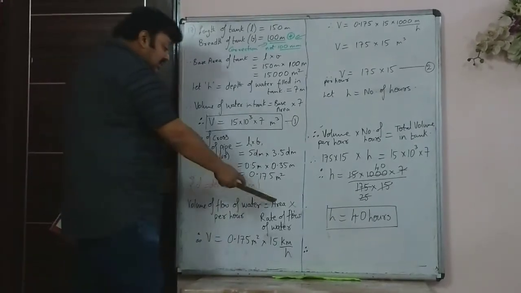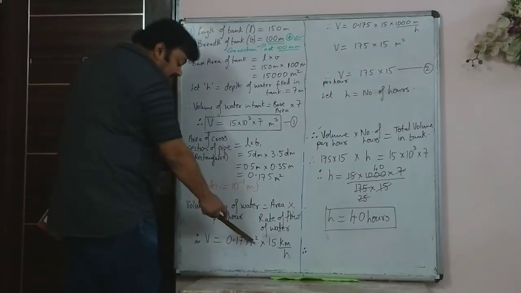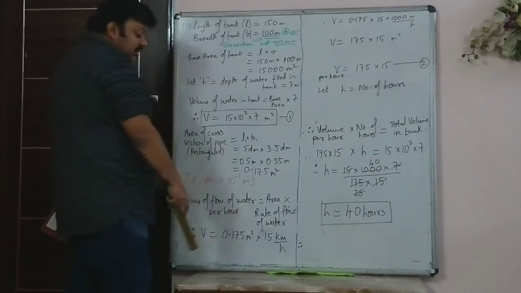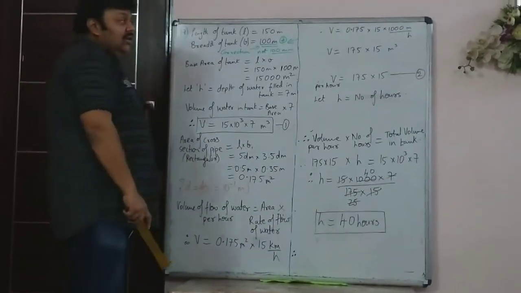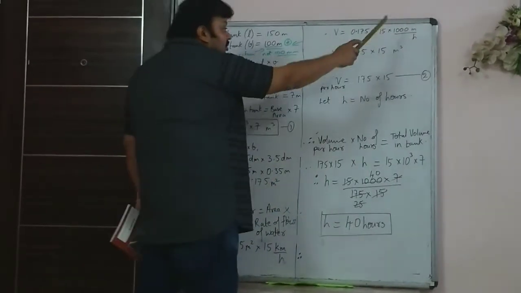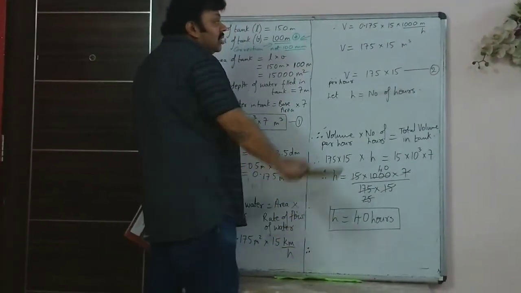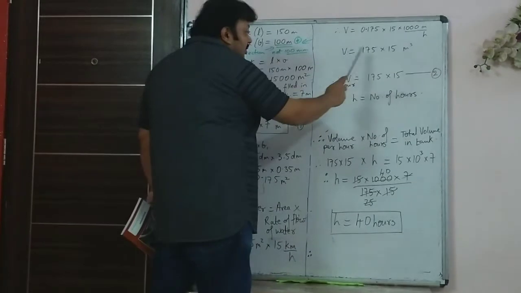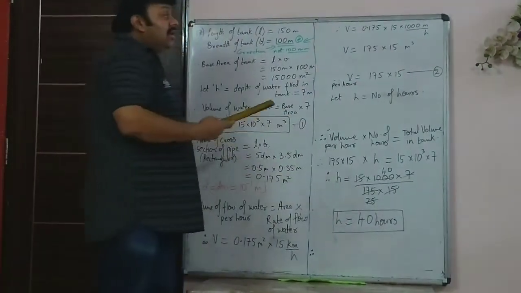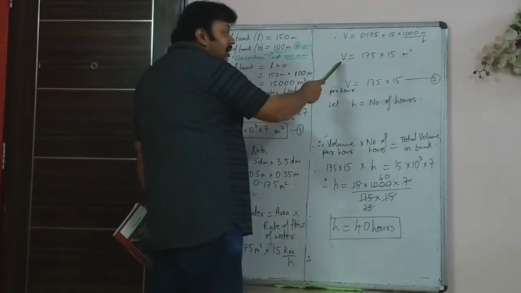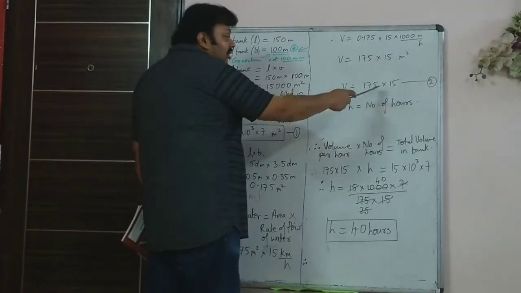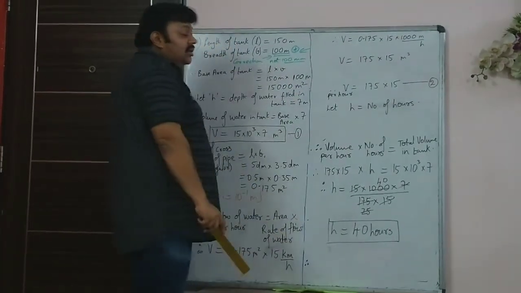So volume is this area 0.175 meters squared into rate of flow of water, that is 15 kilometer per hour, which is converted to 15,000 meter per hour. So this is the volume per hour. This is not the total volume, but per hour, so much water is getting filled in the tank.